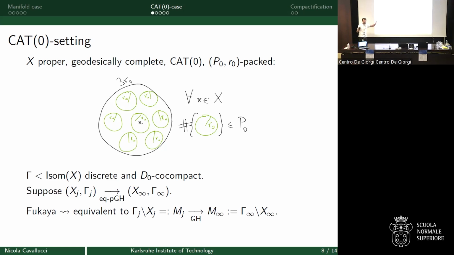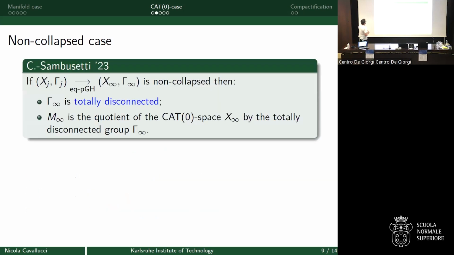So it's just the minimal assumption you can ask, that packing condition. And the question is the same as above. Can we say something about this space? Can we say something about the limit group? Same setting, more general. So we replace the upper bound by the K0 condition, the lower bound by -1 by the packing condition, and the smoothness by this setting.